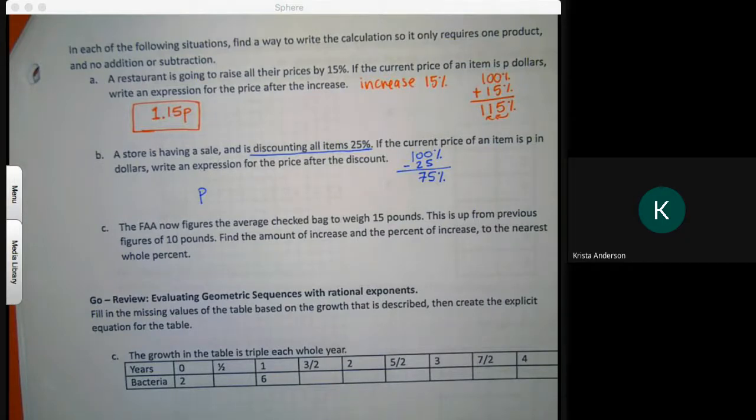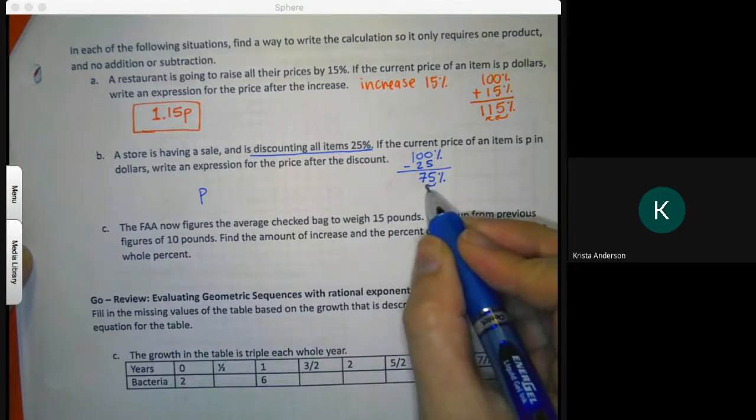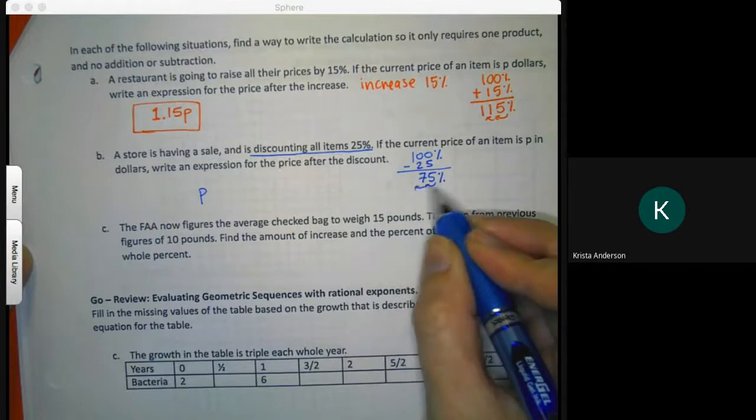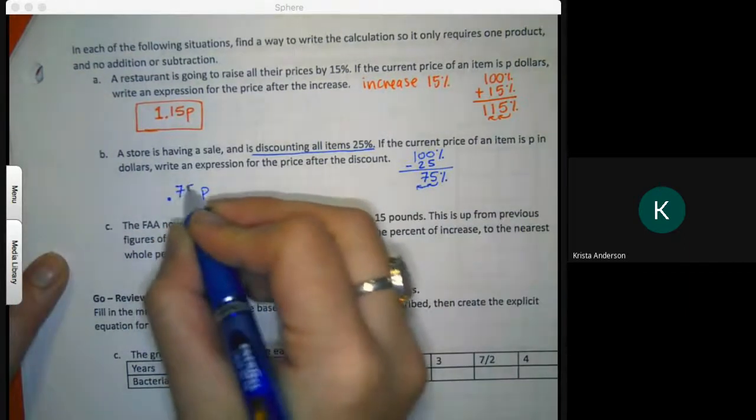Multiplying by 75%. Yes, I will be multiplying it by 75%, but in the problem, I can't write a percent sign. So I have to move the decimal, so it will be 0.75.